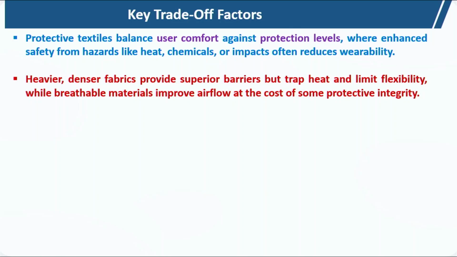If we use heavier, dense, or multi-layered fabric, that will definitely protect us from different hazards, but it traps heat and limits flexibility. If we use very thick fabric, it will trap heat, breathability will be compromised, and that will not be comfortable.